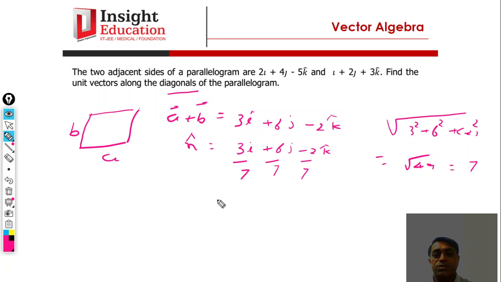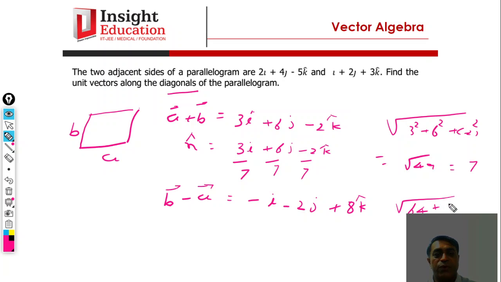So the second diagonal is b minus a. So 1 minus 2, minus i; 2 minus 4, minus 2j; 3 minus minus plus, so plus 8k. Again find the magnitude.